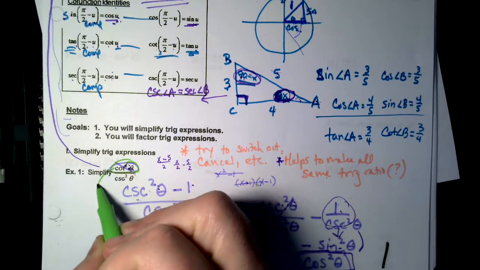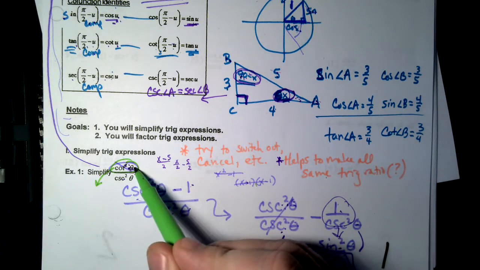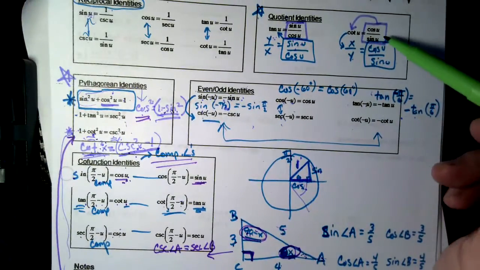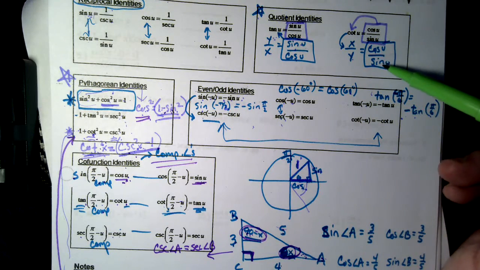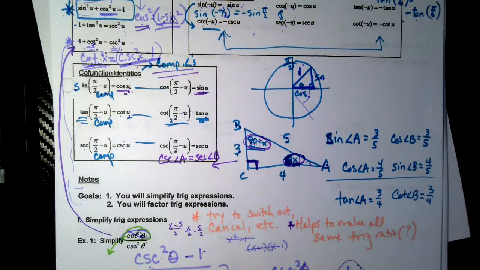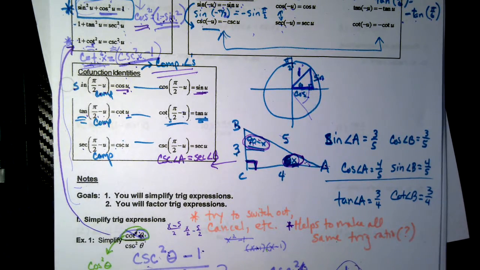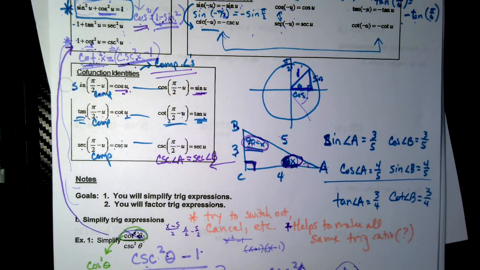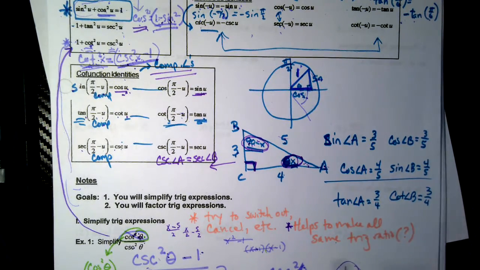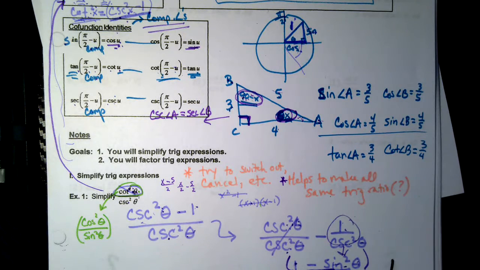You could just simply switch out cotangent squared with its quotient identity. Cotangent is cosine over sine. You just got to square each one. So cosine squared theta divided by sine squared theta. That replaces cotangent. And then, let's get another color here.